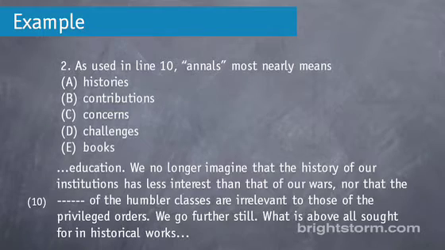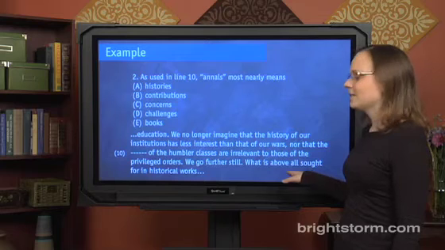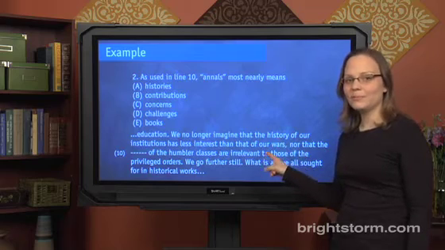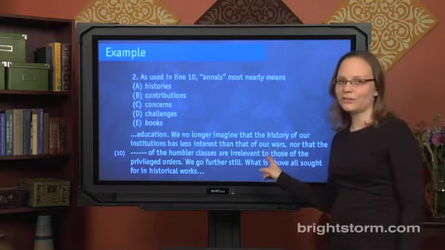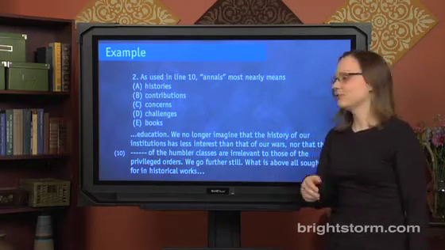"We no longer imagine that the history of our institutions has less interest than that of our wars, nor that the blank of the humbler classes are irrelevant to those of the privileged orders. We go further still. What is above all sought for in historical works," blah, blah, blah. Now this is actually a pretty tough question, but there's a common construction that you should recognize, which is repetition.